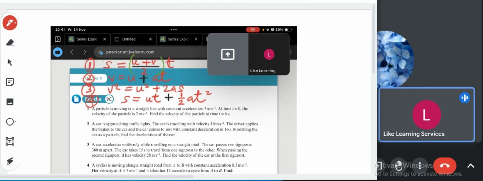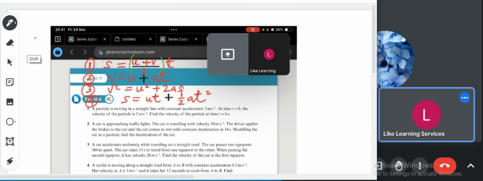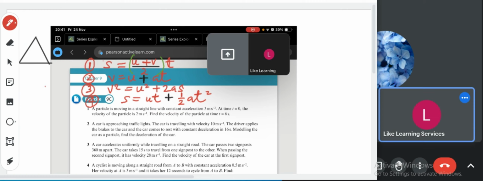Okay, so the 4 SUVAT equations: S equal to U plus V over 2 times T, V equal to U plus AT, V squared equal to U squared plus 2AS, S equal to UT plus half AT squared. Now, the first one is what we know from the speed triangle. You know, speed is equal to distance over time.